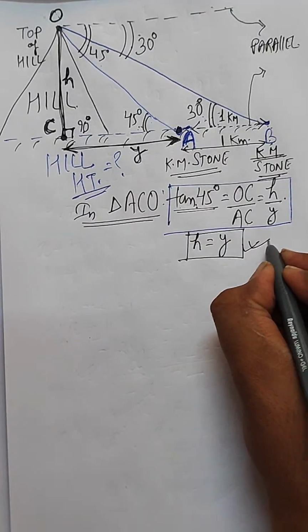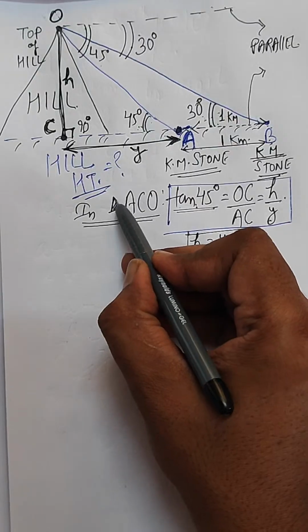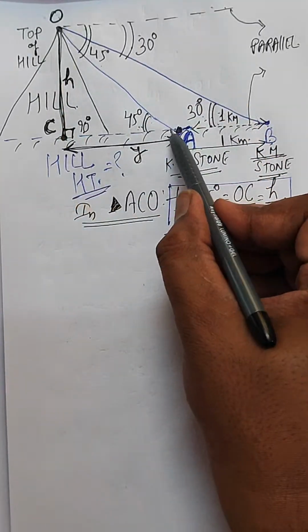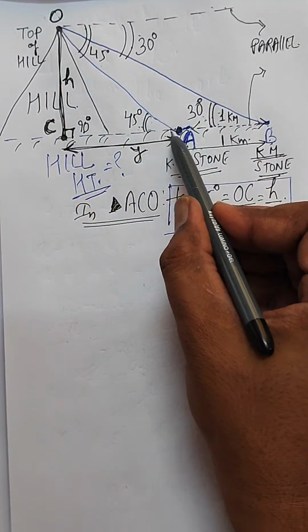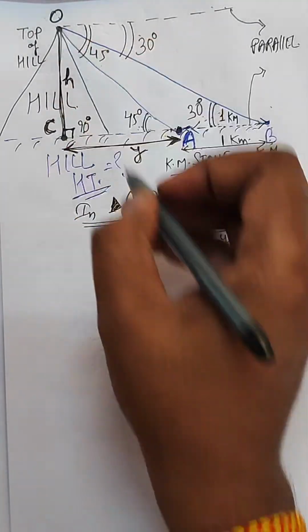Right? Now consider the second triangle. We have considered the first triangle, triangle ACO here, making an angle of 45 degree at A. Now consider the bigger triangle, that is triangle BCO.